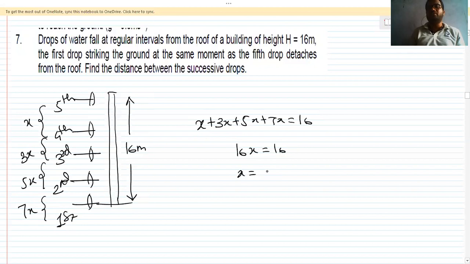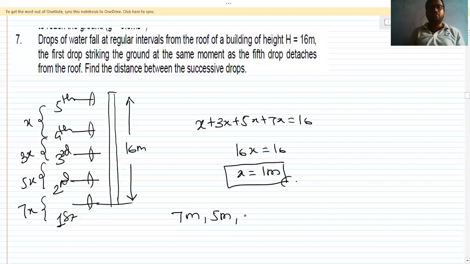If you calculate the value of x, it will be 1 meter. And the distances between the successive drops: between first and second we have 7 meter, between second and third we have 5 meter, third and fourth we have 3 meter, fourth and fifth we have 1 meter. So these are the answers which we have, right?